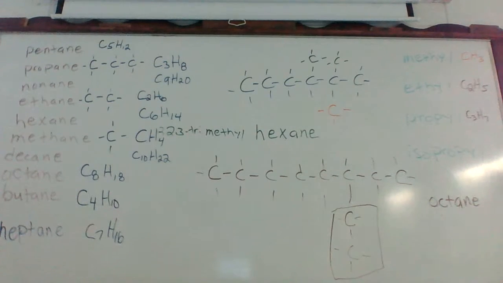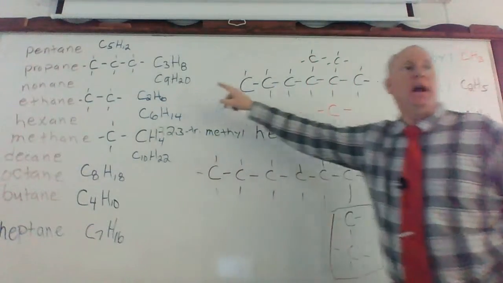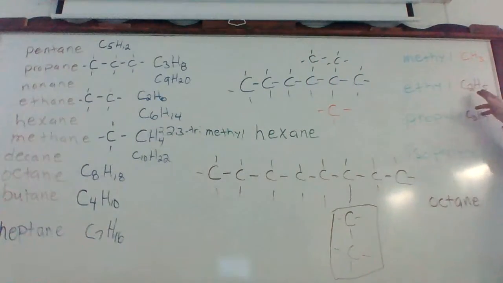Okay, what would happen if we put a 6 here? Yeah, C2H6. Okay, so ethyl is derived from the term ethane. But if we had another hydrogen, we'd call it ethane, but we don't. It's 5 of them.